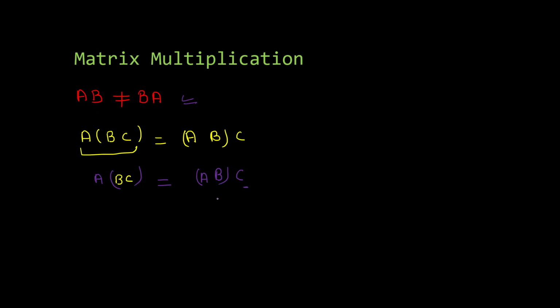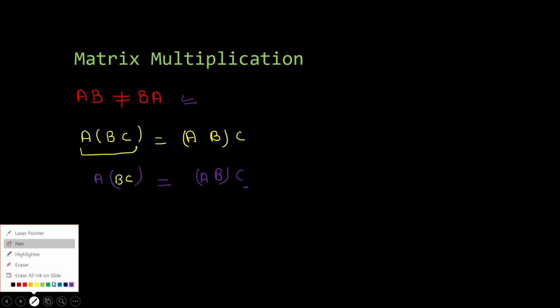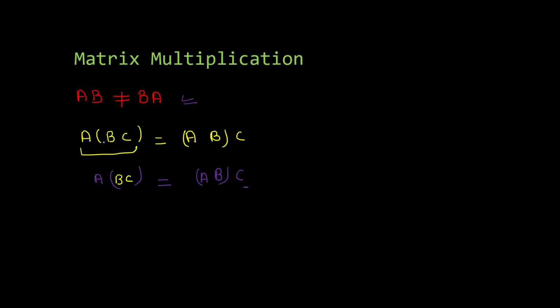This property holds good for matrix multiplication, but the proof becomes tedious if you take three generalized matrices. Even if you start with a 2 by 2 matrix, it will take some time to prove the result. But if you look at the geometrical interpretation, it becomes quite obvious why this property holds good.